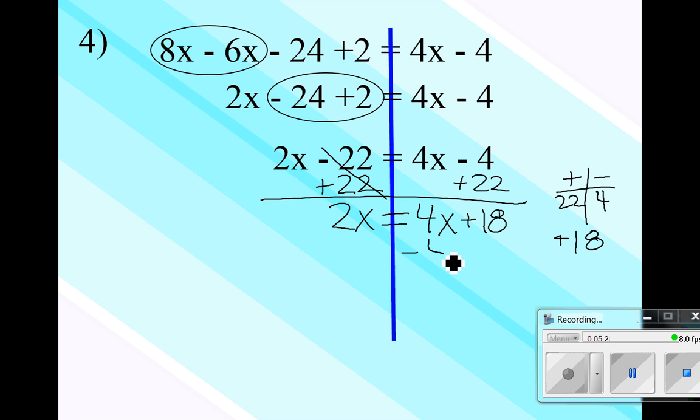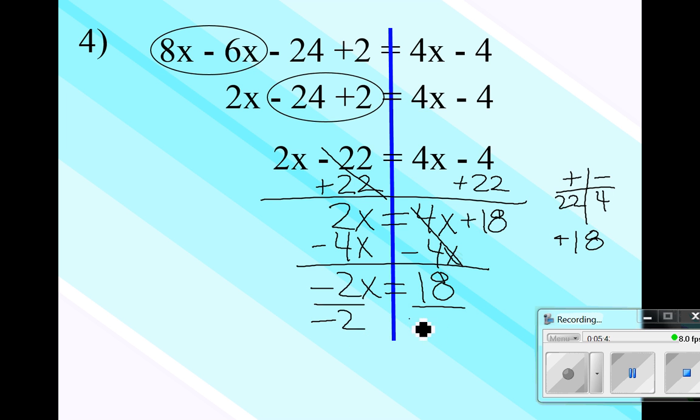Then I'm going to subtract 4x on both sides. Negative 2x equals 18. Divide both sides by negative 2. X equals negative 9.